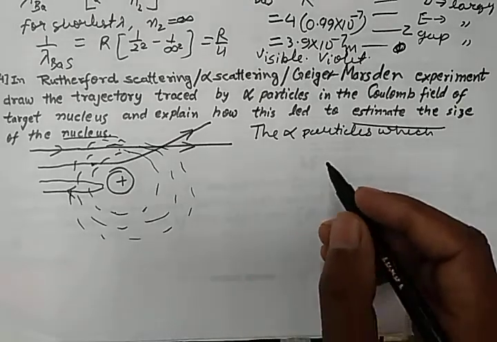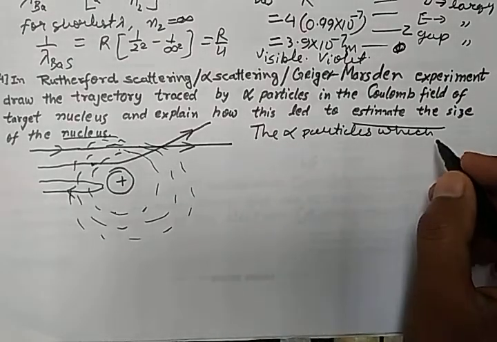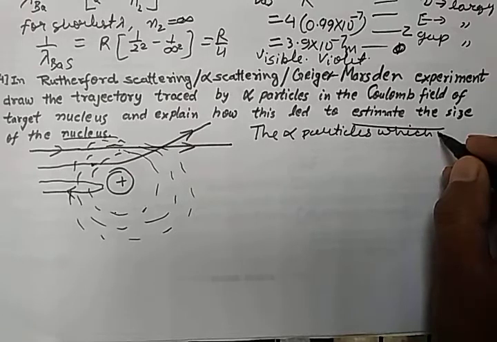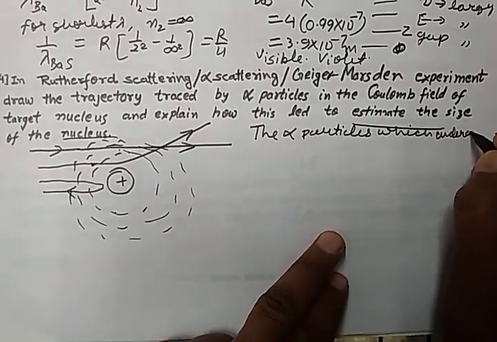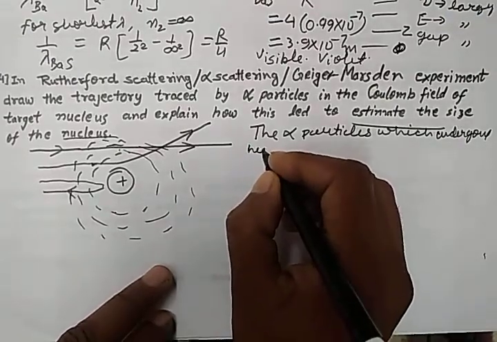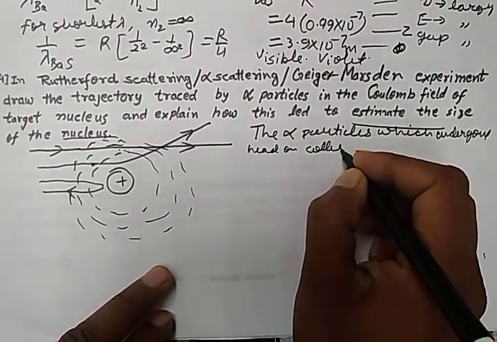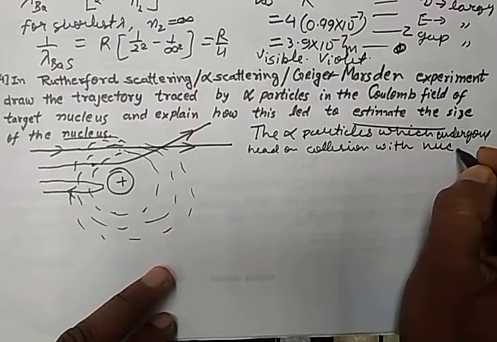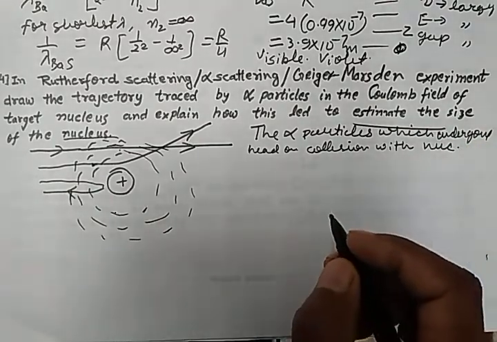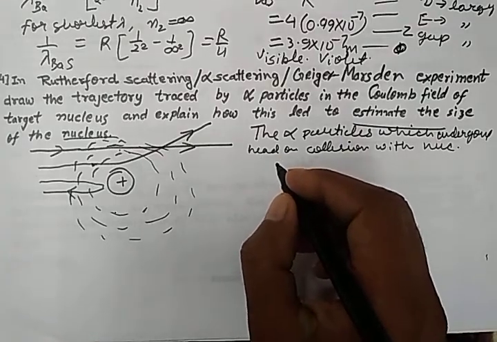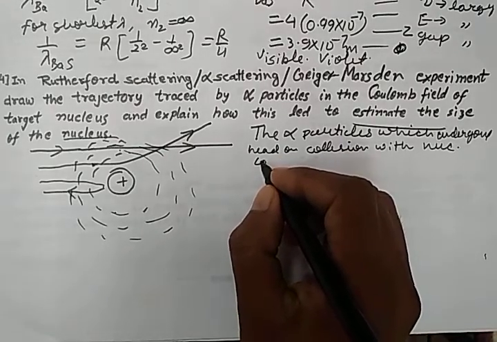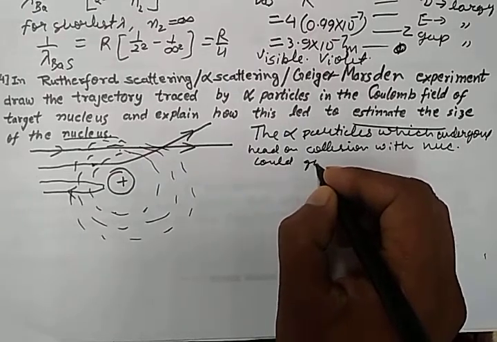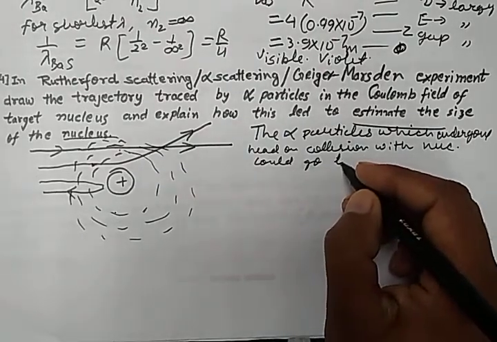So now here the alpha particle which underwent head-on collision with the nucleus could go to closest approach.